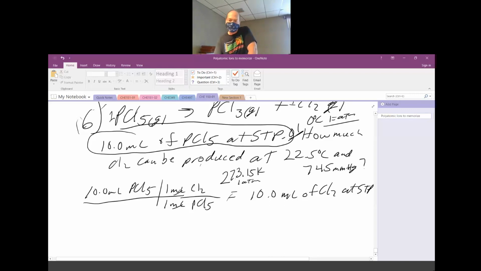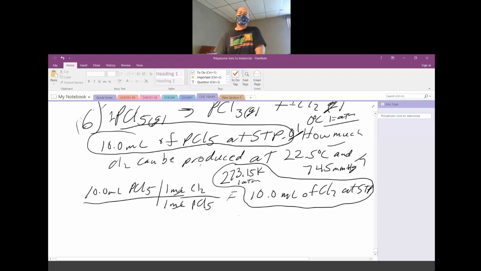So what we're doing is taking a volume at STP, and we want to know what that volume is going to be at a different temperature and pressure. Nothing here is constant except the moles. We're not taking any out or putting any in. So we have the combined gas law, P1 V1 over T1 is equal to P2 V2 over T2.